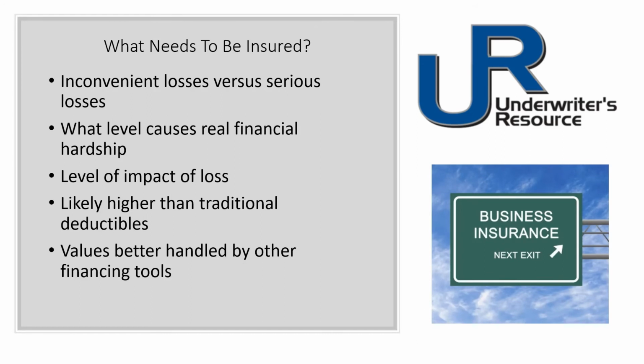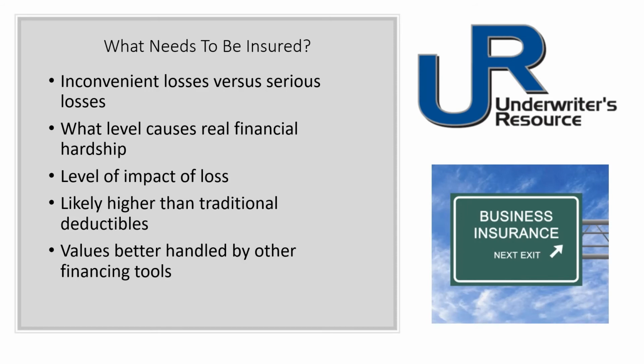Think about it for a moment. At what point does a potential loss begin to cross the threshold from annoying or simply discomfort to being real financial pain, to something that shuts them down or has a dramatic impact on the business? The tipping point will vary from one client to the next, but I guarantee you it's usually well above the $500 or $1,000 deductibles that we usually sell.